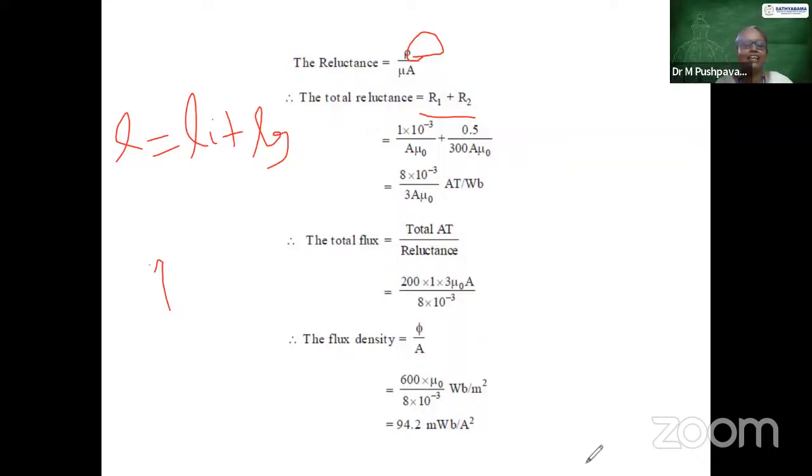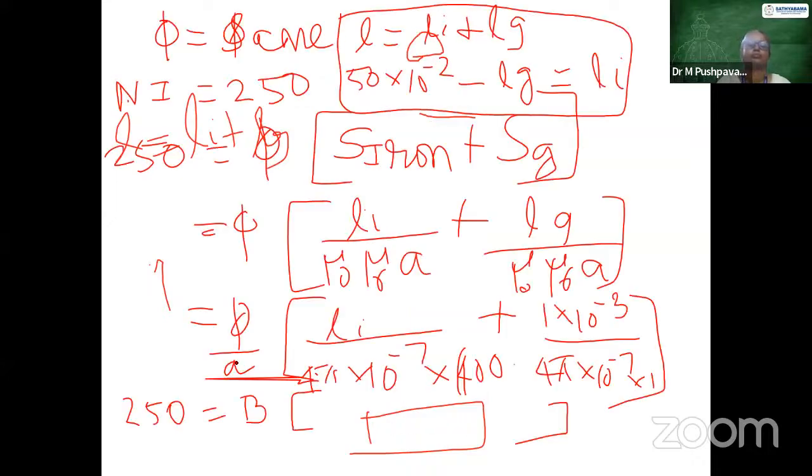But the flux density, are you all getting this answer? 94.2 milliweber per meter square. Ninety-four point two milliweber per meter square. Are you all getting it?